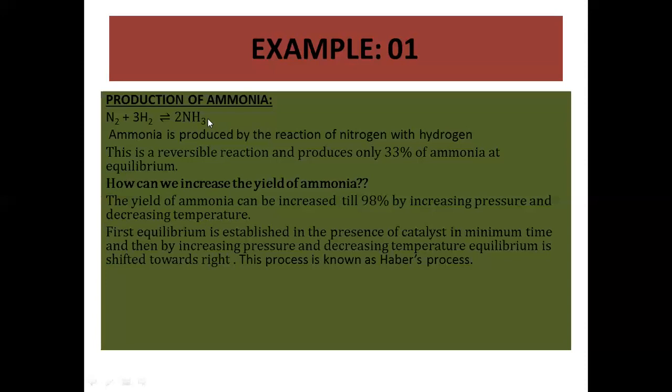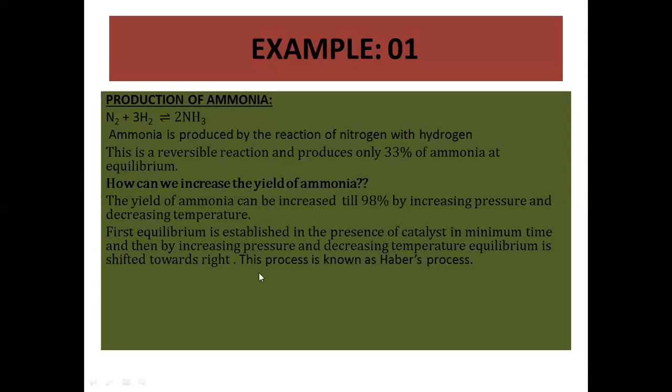So by decreasing temperature, because the forward reaction is exothermic, and by increasing pressure, because the number of moles of products is lesser than the number of moles of the reactants, or in other words, the volume of the product is smaller than the volume of the reactants.